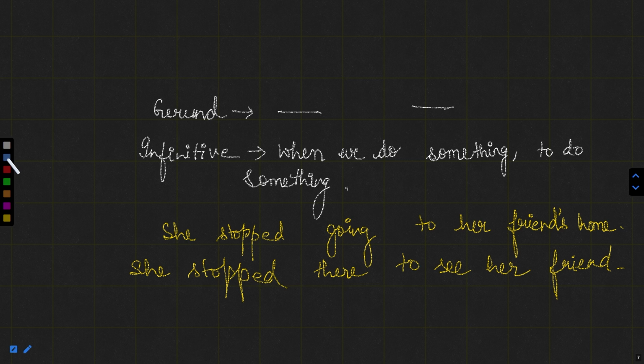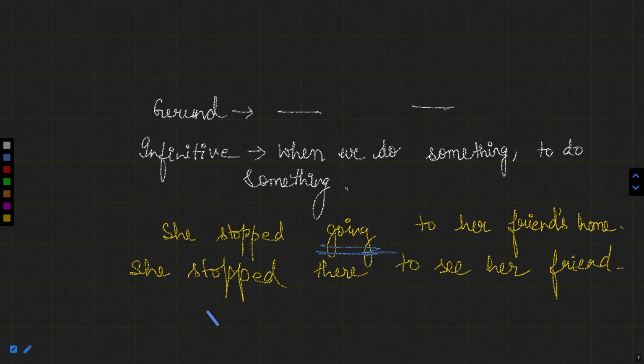Also, if I see the verb stopped in these two sentences, let us see it with the help of the sentences itself. If I say, she stopped going, it means what has she stopped? She stopped this action. Now, from now onwards, she does not go to her friend's home because she has stopped going.